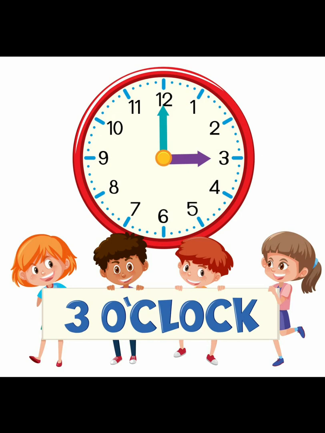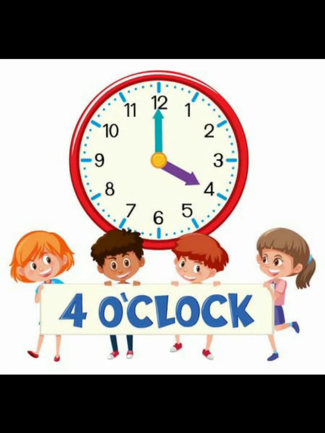Now see this clock. Where are the long and short hands? The short hand is at 3 and the long hand is at 12. So the time is 3 o'clock. Now see this clock.